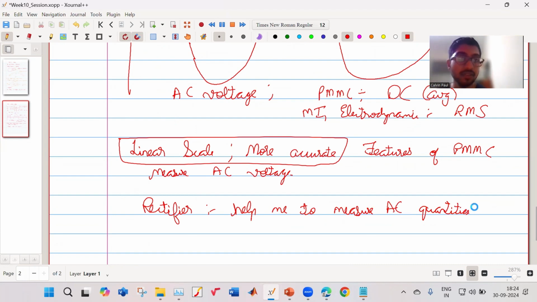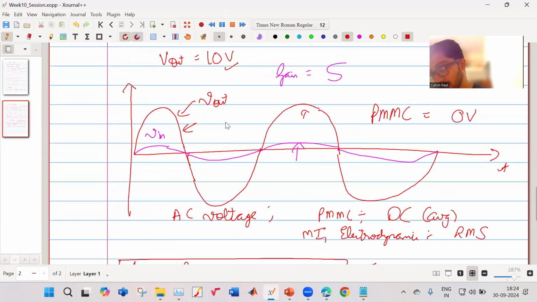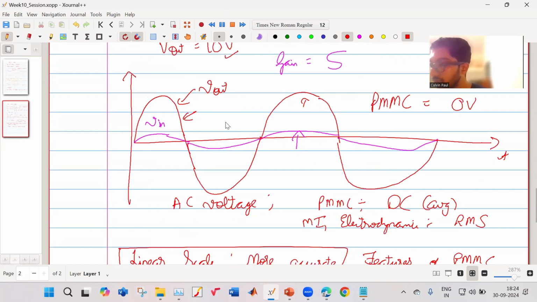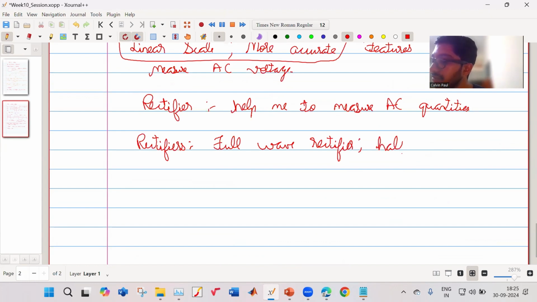Okay, let us go. Rectifiers have two types. We have the half wave rectifier and the full wave rectifier.